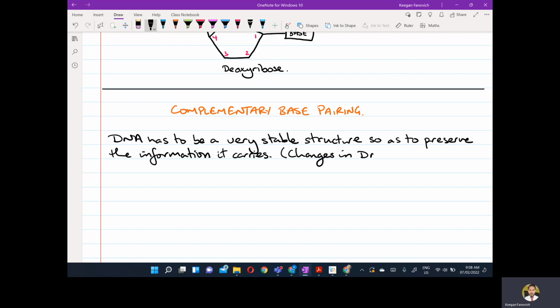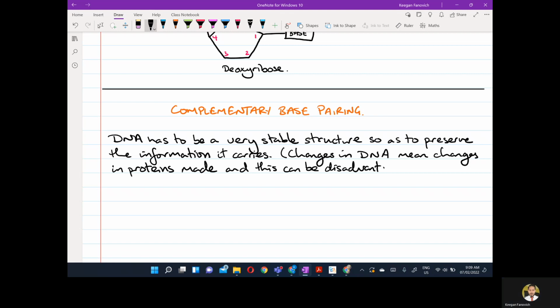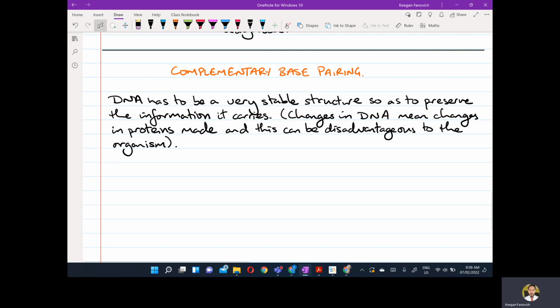Changes in DNA mean changes in proteins, right? So the changes in DNA could be disadvantageous to them, okay?